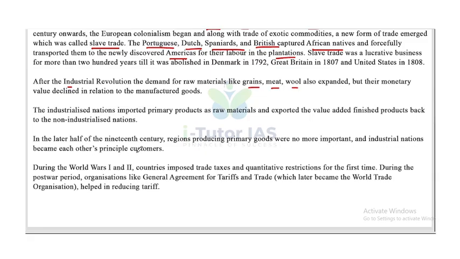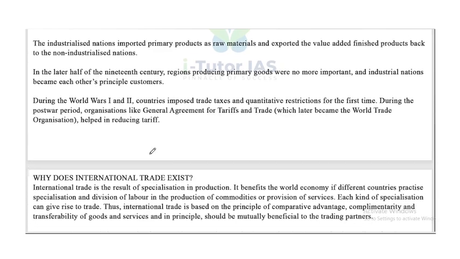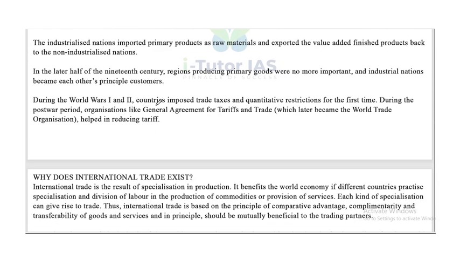each other's principal customer. During World War I and II, countries imposed trade taxes and quantitative restrictions for the first time. During the post-war period, organizations like the General Agreement on Tariffs and Trade, that is GATT, helped in reducing tariffs.